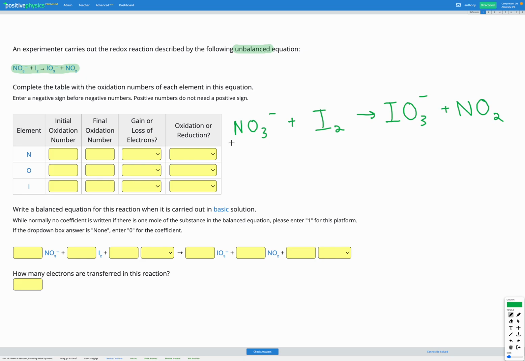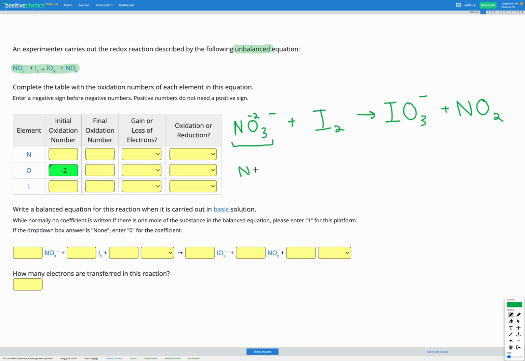So firstly, in this compound, we have nitrogen and oxygen. Oxygen has an oxidation number of -2 unless it's combined with fluorine. So we're going to have -2 for oxygen initially. Then I can find the oxidation number of the nitrogen by calculating out for this entire polyatomic ion.